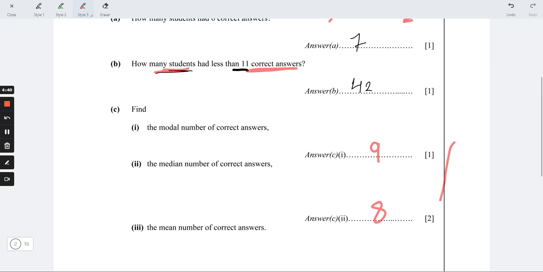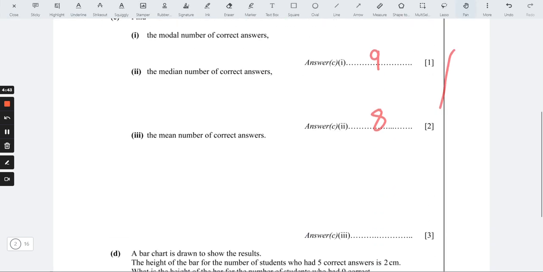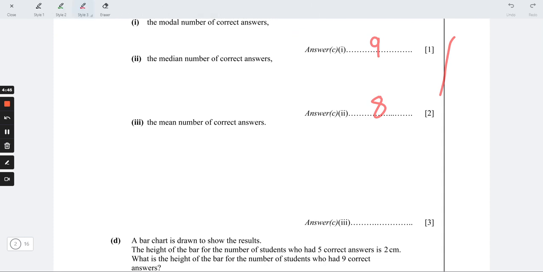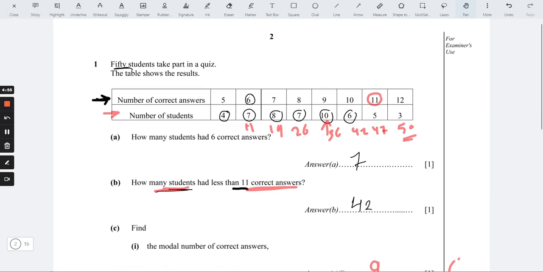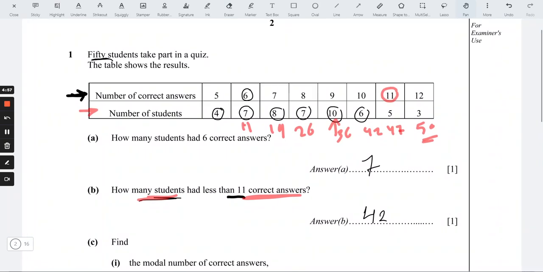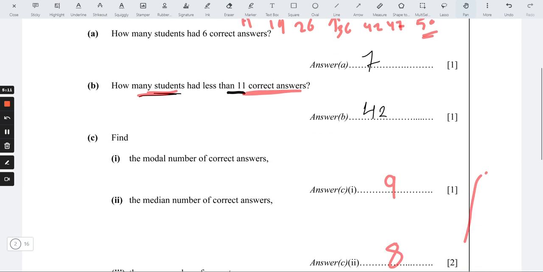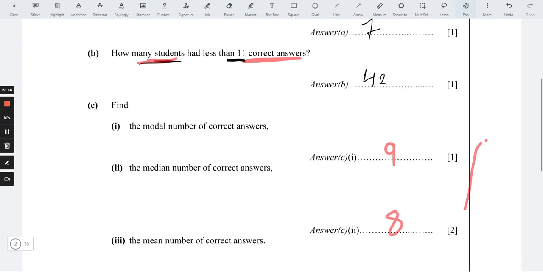Yes. Now they want the mean number of correct answers. To find the mean, we have to multiply the number of correct answers with the frequency, the number of students. So 5 times 4, 6 times 7, plus 7 times 8, plus 8 times 7, and you will do all of these calculations to find 415.